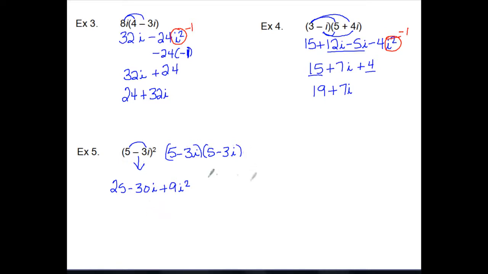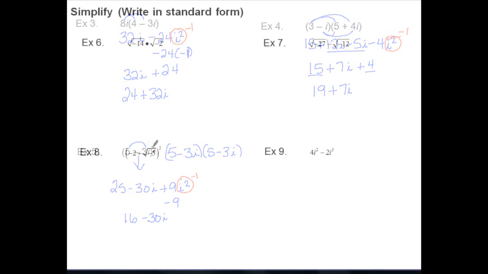If you go through the long process, you'll get the same thing. Alright, i squared is negative 1. 9 times negative 1 is negative 9. 25 minus 9 is 16 minus 30i. So that's what you get on number 5.